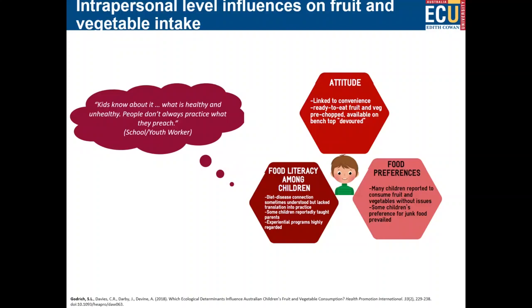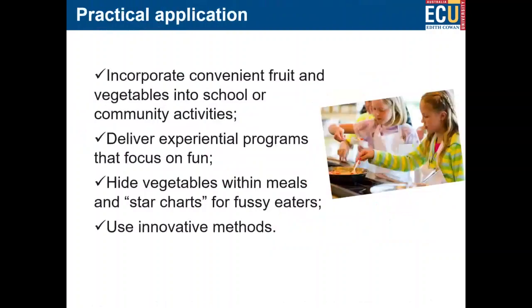With regards to food preferences, they were reported to consume fruit and veggies more or less without issues, really linked to availability. But some children's preference for junk food or unhealthy food did prevail. The quote there was from a school and youth worker: kids know what's healthy and unhealthy, but people don't always practice what they preach.